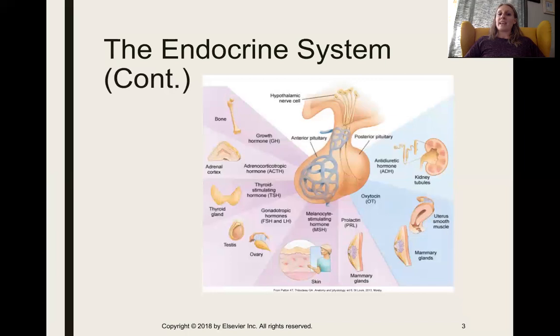And then if you look at the anterior pituitary, we have your growth hormone, ACTH, TSH, FSH and LH, and MSH, and then prolactin as well. So again, a lot of hormones that are regulating various structures and systems and processes within the body.